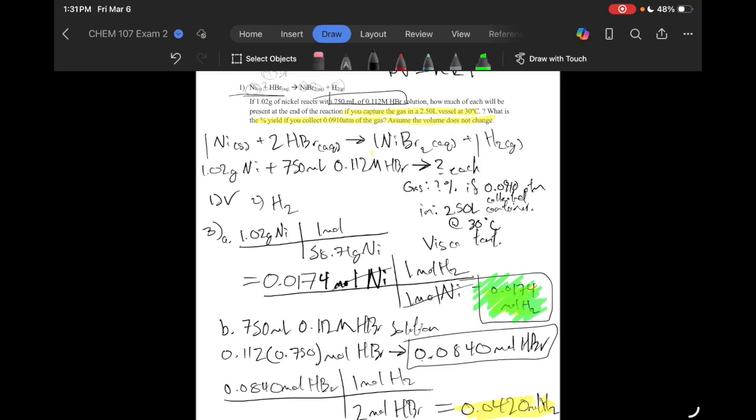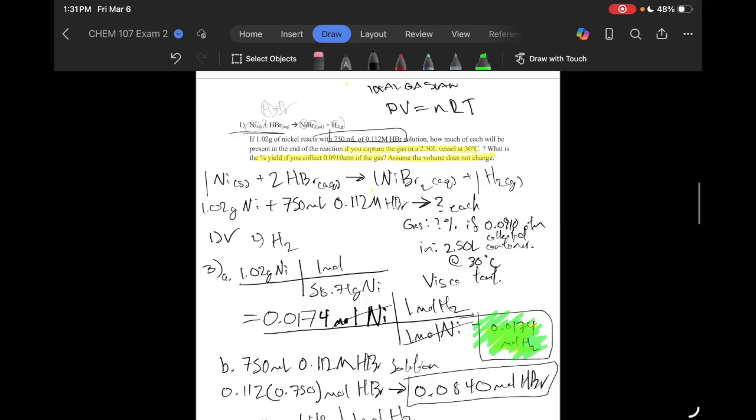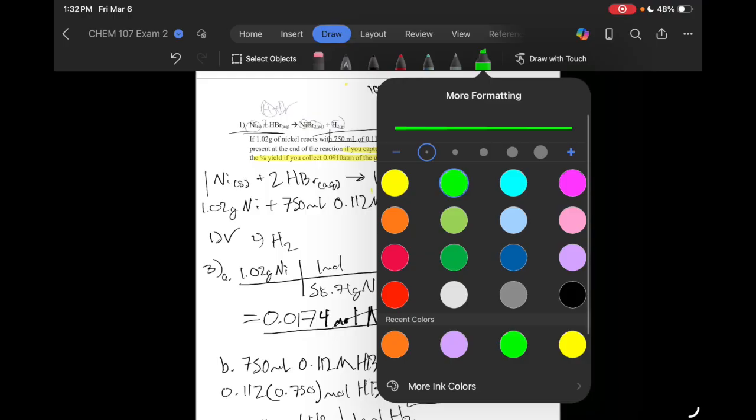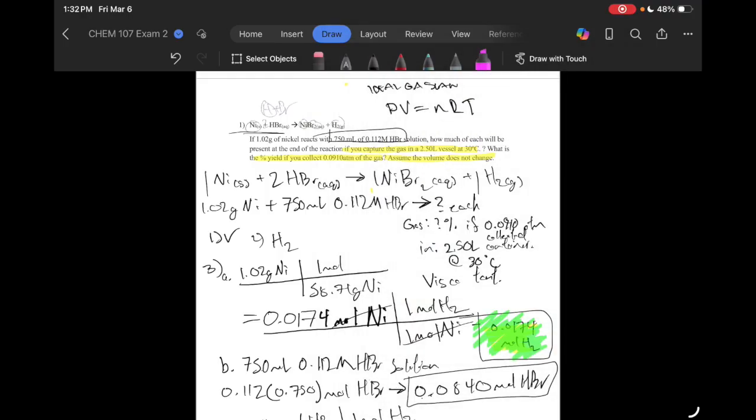So we know we want to find how much gas we made, well, the theoretical amount of gas that we can make. So we will plug in all the values that were given to us, using a different color. For the gas, this is if you capture the gas, so specifically the gas is 250 liters.